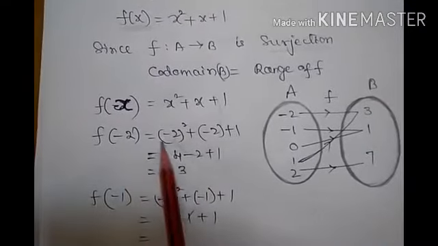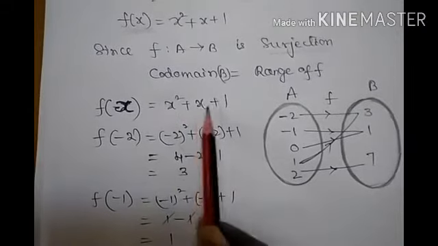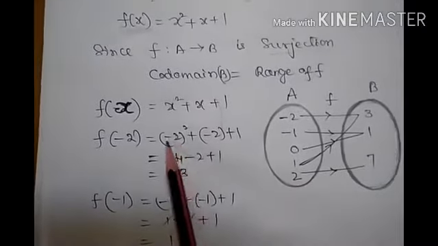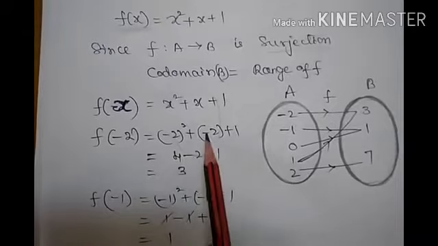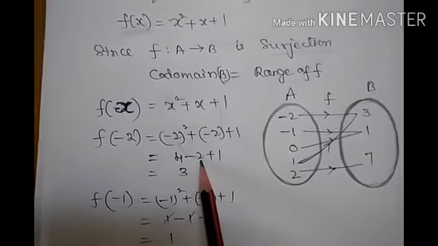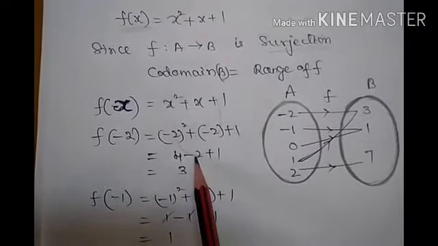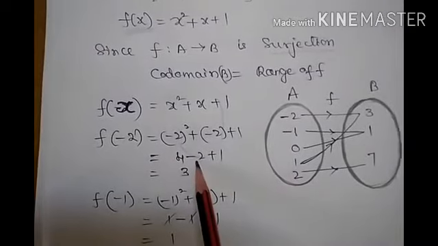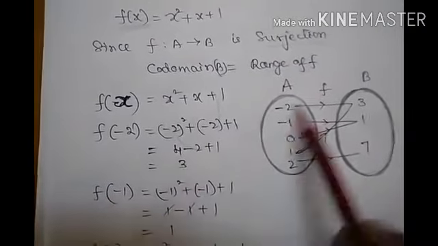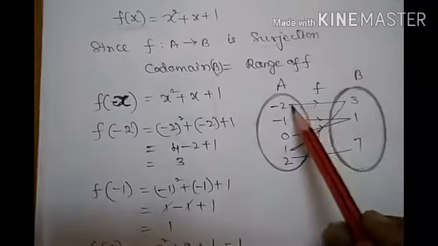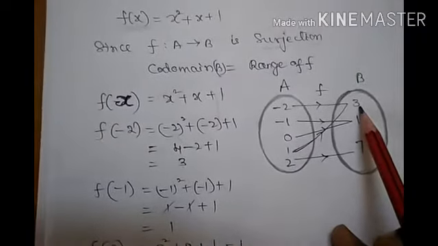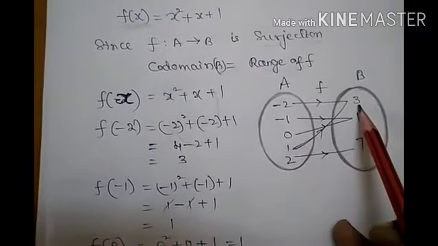F of minus 2 equal to minus 2 whole square plus minus 2 plus 1. That means minus 2 whole square gives 4, plus minus 2, plus 1. 4 minus 2 plus 1 gives 5 minus 2. 5 minus 2 gives 3. So minus 2 is mapped to 3. That means image of minus 2 is 3.